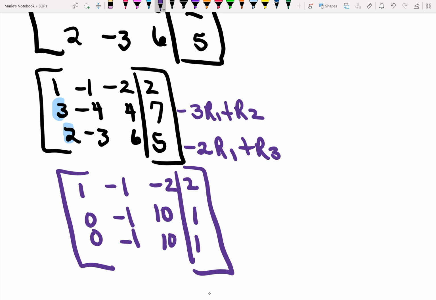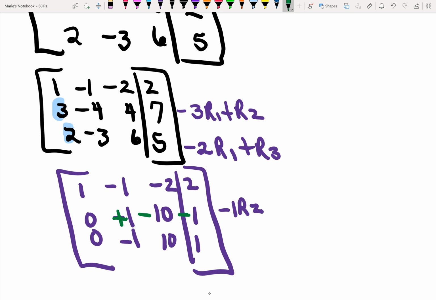I am now going to say negative 1 times row 2. And what happens here basically is once I apply this, this becomes positive, this becomes negative, this becomes negative.